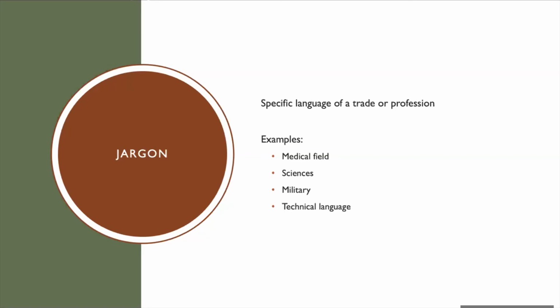And if not, you're going to have to explain. So if I were to read an essay on the military example, I would probably need a little bit more explanation, because I have no military experience. So jargon's great to use, just really need to be aware of your audience when you're using specific language that fits in with specific trades, hobbies, jobs.